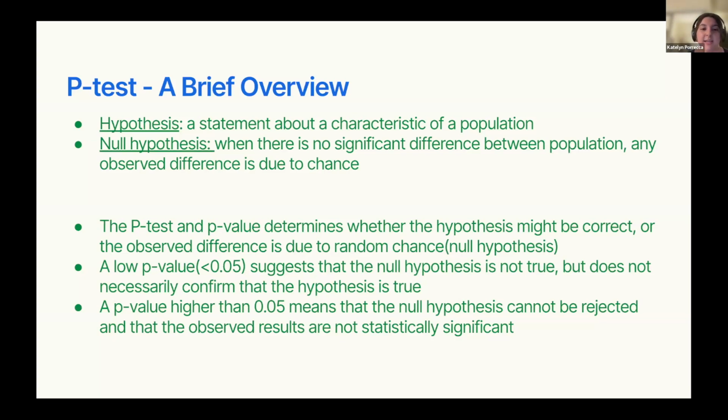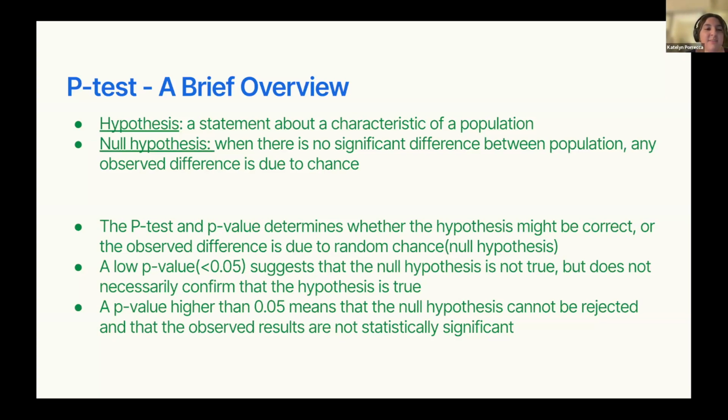But there's also the null hypothesis, which is basically when there is no significant difference in a population. So any observed difference within a population is just due to chance, like a 50-50 chance. So there's no exact cause, if that makes sense.